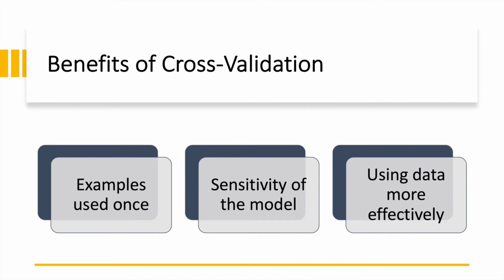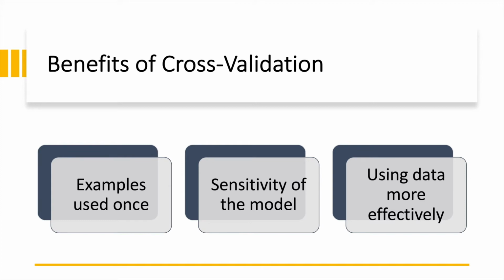Another benefit of cross-validation as compared to using a single split of the data is that we use our data more effectively. When we use the traditional train test split, we usually use 75% of the data for training, 25% of the data for evaluation. But when we use 5-fold cross-validation, for example, in each iteration, we can use 4/5 of the data, like 80%, to fit the model.